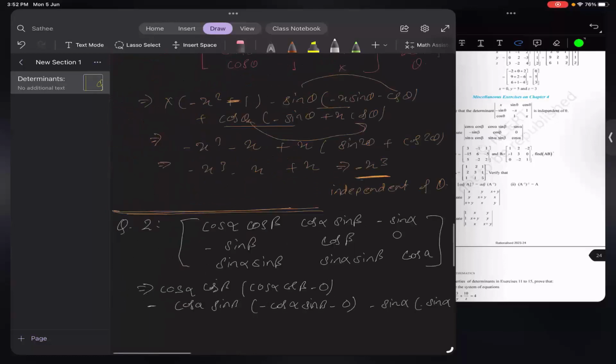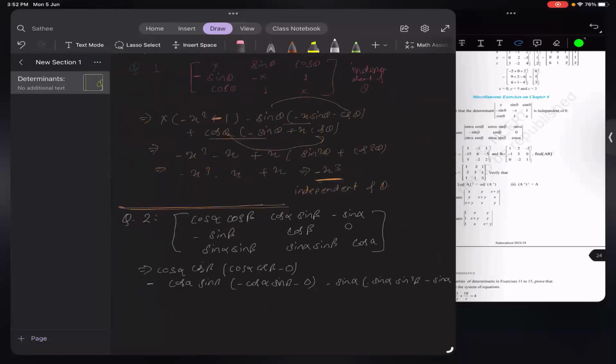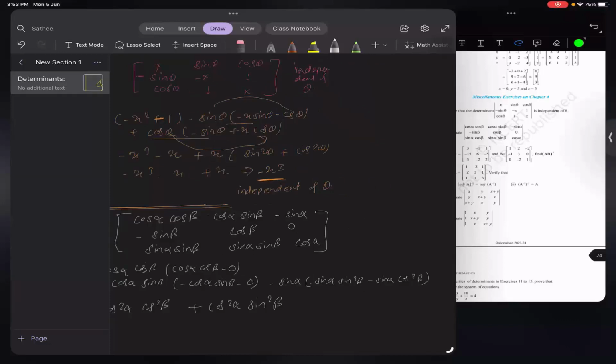Okay, so this would be our expansion, and now this would be cos square alpha cos square beta, plus cos square alpha sin square beta, plus sin square alpha sin square beta, and this should be our sin square alpha sin square beta.